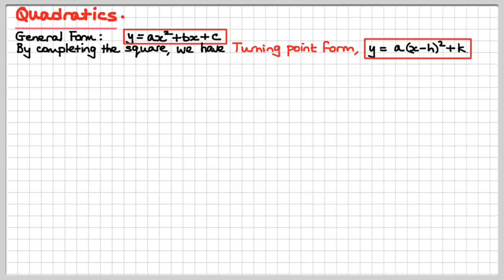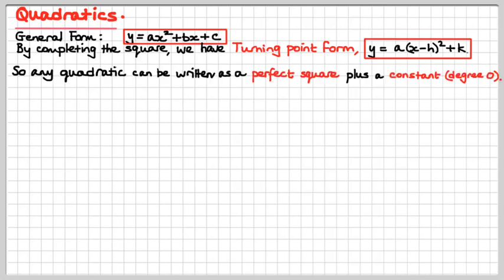Now, ladies and gentlemen, this means that you can express any quadratic at all as the sum of a perfect square plus a constant, where the degree of x in the constant is 0. If you like, you can think of it as k x to the 0, or just k. That's pretty interesting. Any quadratic at all can be expressed in that form. You know that, don't you?